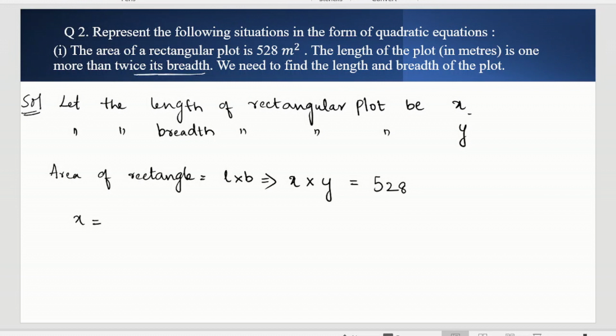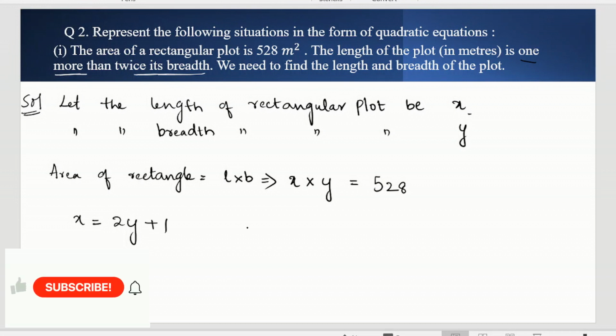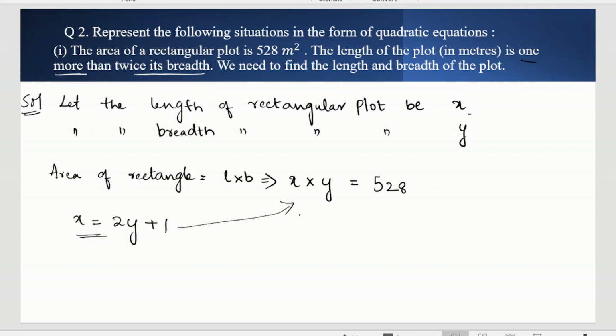We have taken breadth as y, so twice its breadth is 2y, and one more than that, so we add 1 to it. So substitute this x value in this equation, and you will get 2y plus 1 into y is equal to 528.